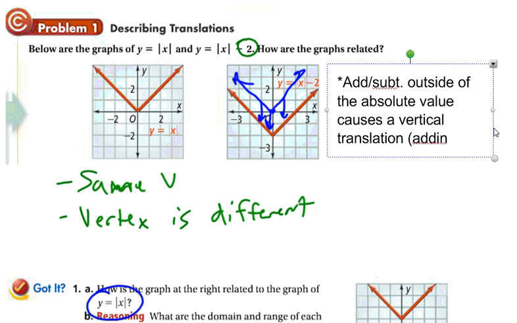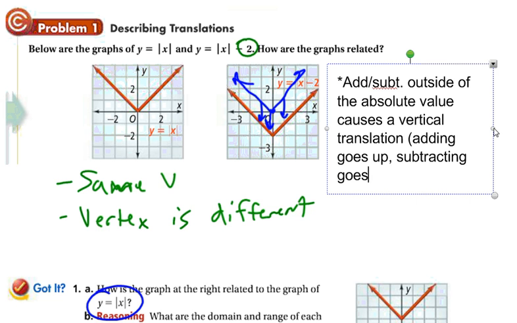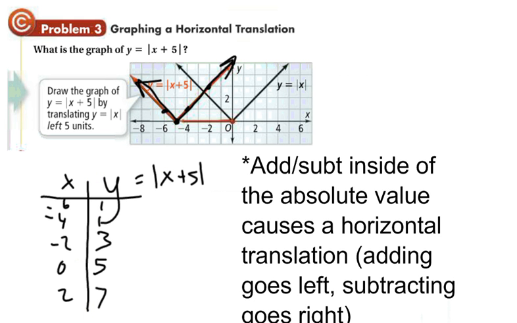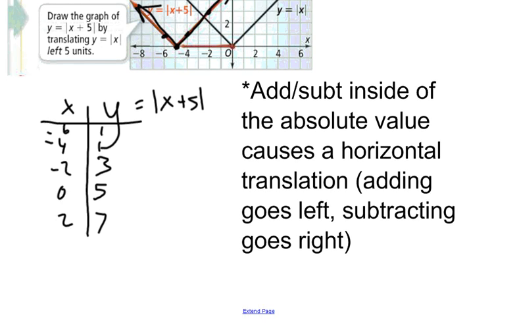Here, adding goes up, subtracting goes down. So that's the one thing that's different about these two. And it's something worth checking with a t-chart.